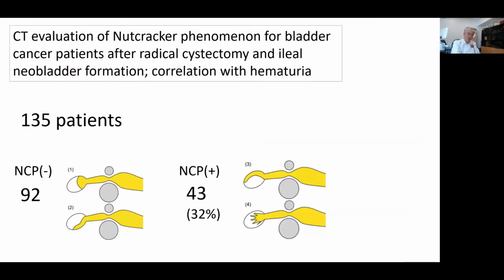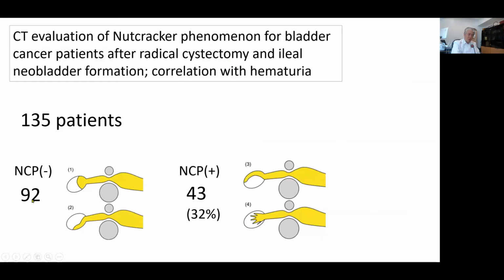We performed a study in 135 patients who underwent radical cystectomy and ileal neobladder formation, and the CT findings were evaluated and correlated with the incidence of microscopic hematuria in urinalysis examination.